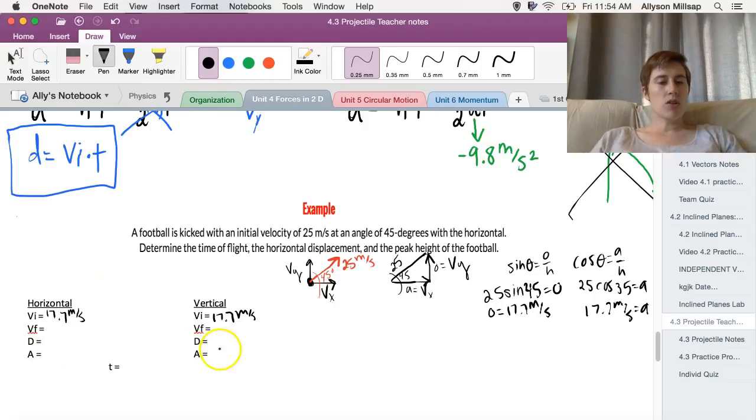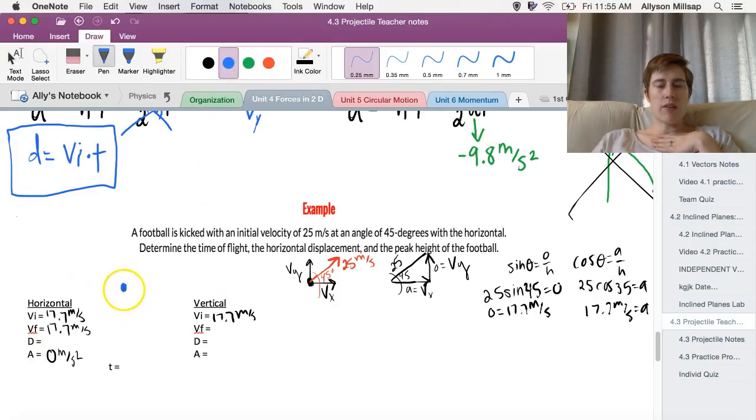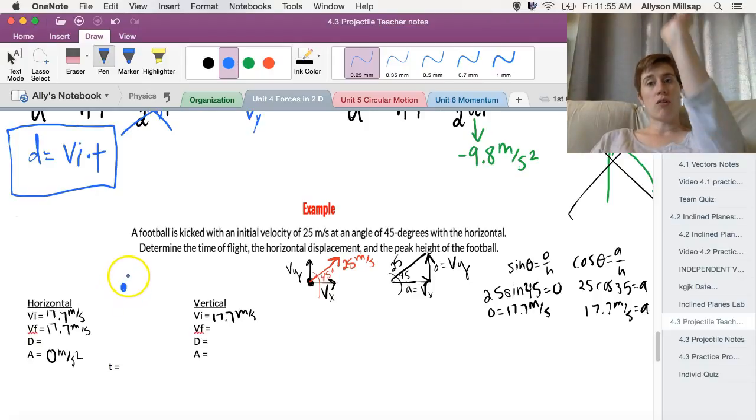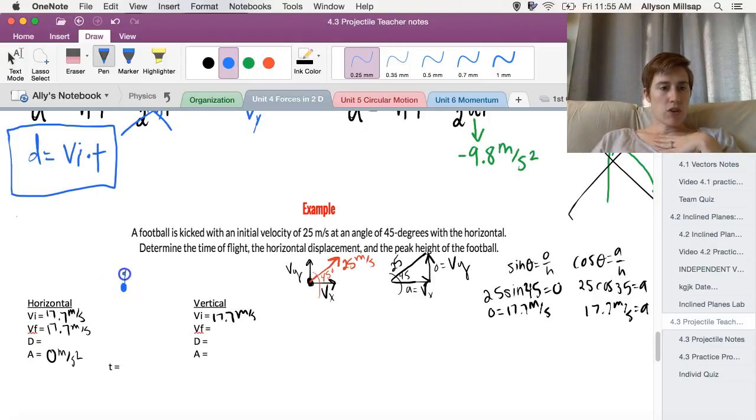Now remember, what are some of the things we know? We know that horizontally, there's no force. So the speed is the same at the beginning and the end, and there's no acceleration. We always know that. Okay, vertically, it's a little different than it being thrown straight forward. Right now, we're being thrown upward. So we have a vertical speed going upward, and then it's going to fall back down to the same spot.